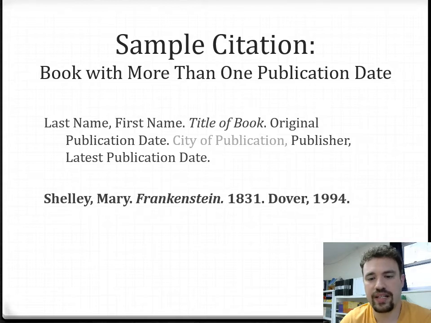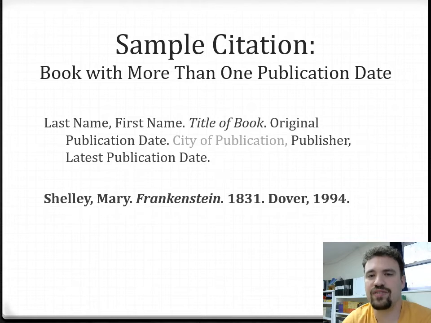After the title Frankenstein, you've got the date 1831, period. And this particular edition was published by Dover. Now there are many different people who have published Frankenstein, so this is letting you know the particular version of the book that you used. So Dover, 1994, period. All right, so that's when those particular copies of that book were published.